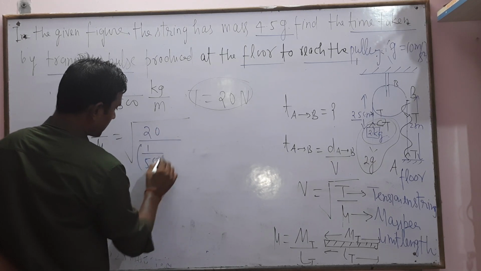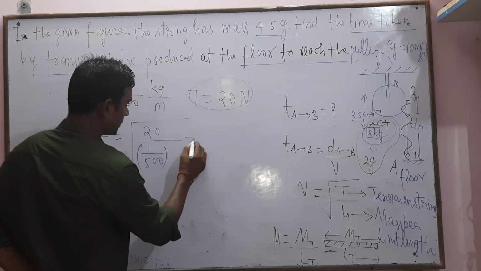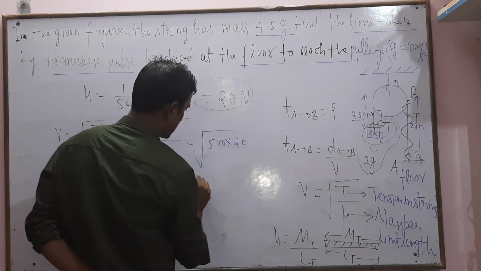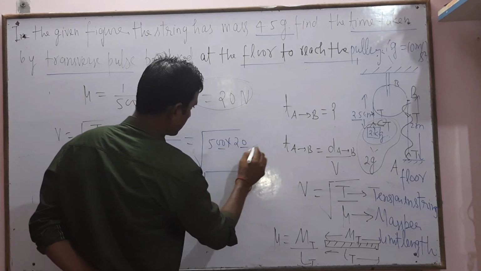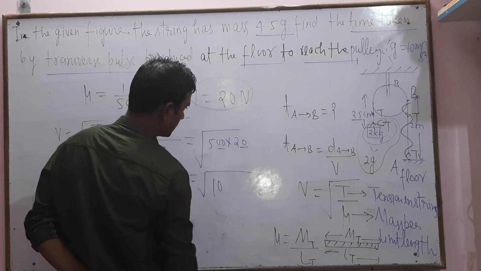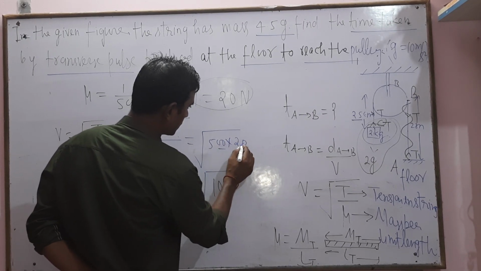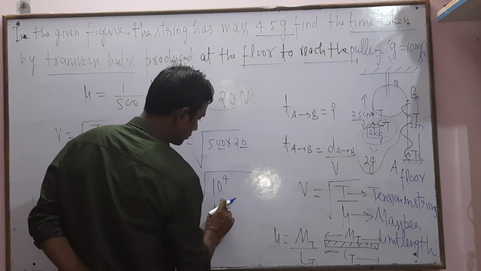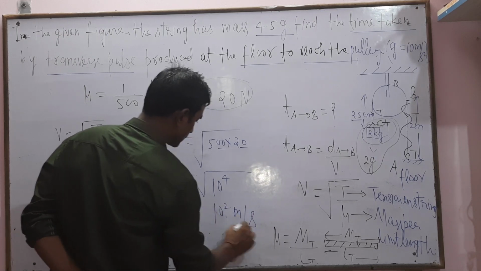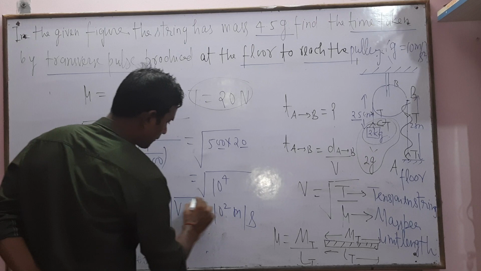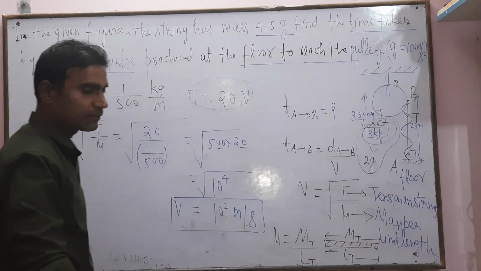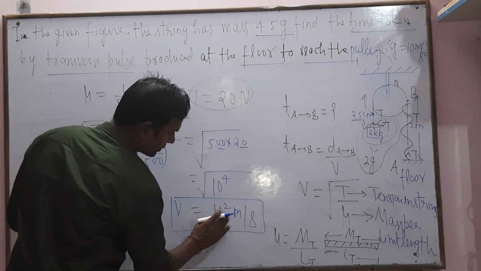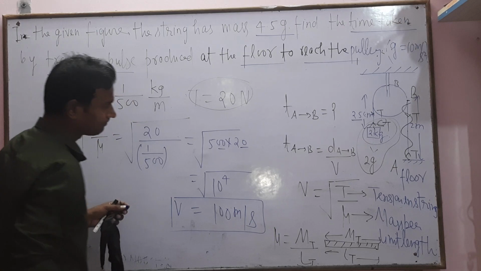So we can simplify here: root of 500 into 20, equal to 10 raised to 2 meter per second. So velocity of transverse wave in string will be equal to 10 square meter per second. 10 square means you can say 100 meter per second.